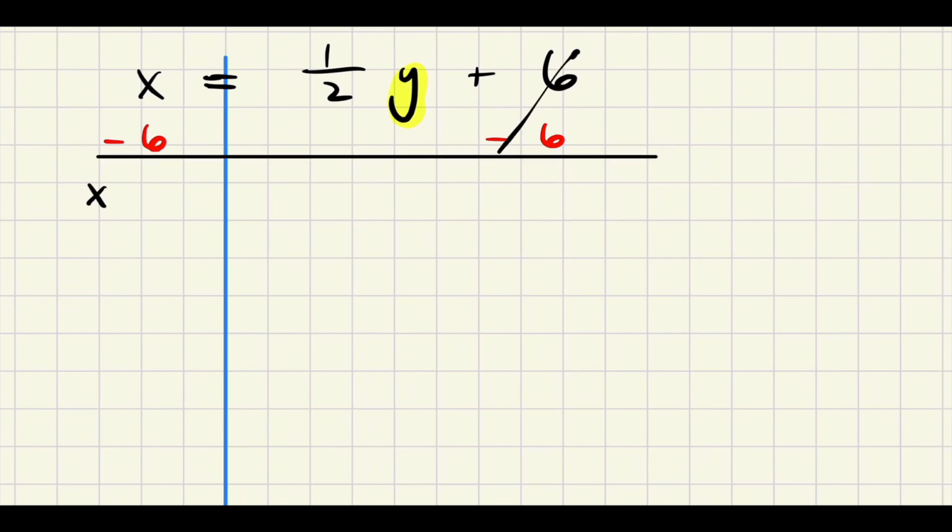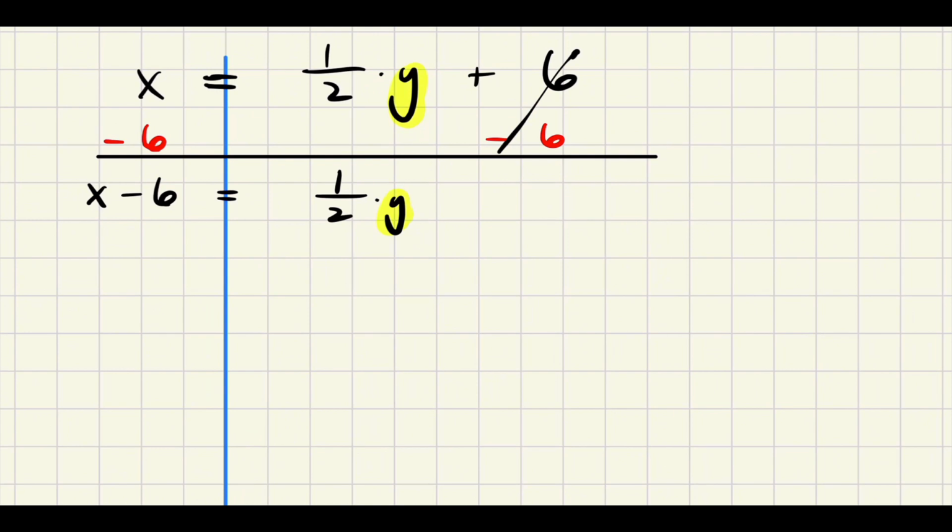So I get x minus 6 equals 1/2 times y, because it's times y. Numbers and letters in math stuck together, that means multiplication. Okay, so now, done with the addition subtraction, now I have multiplication.